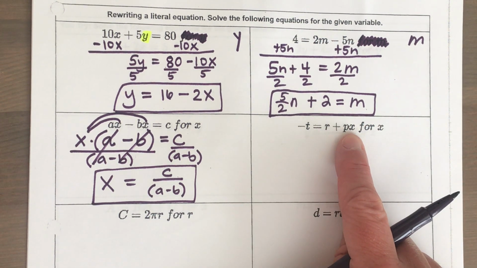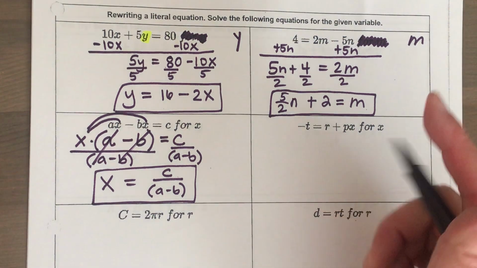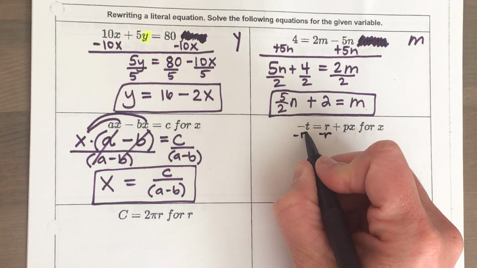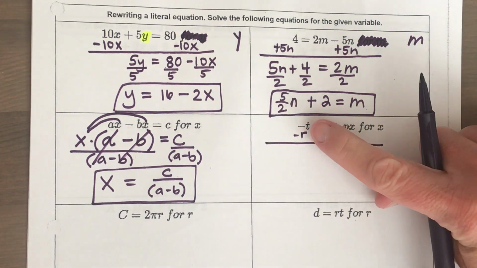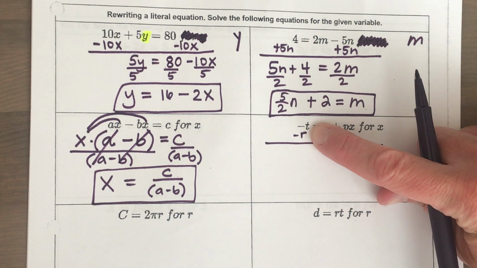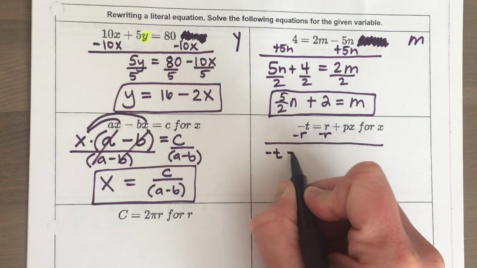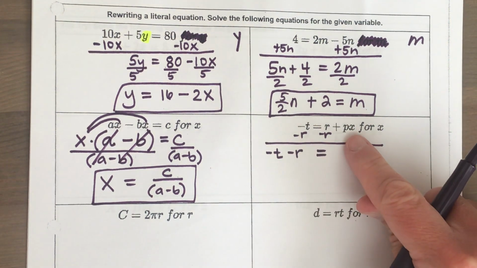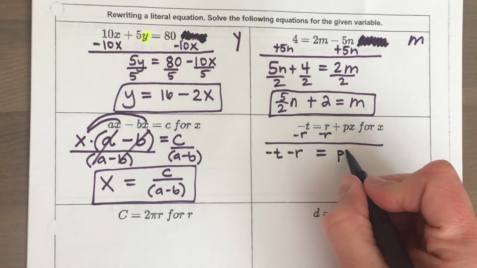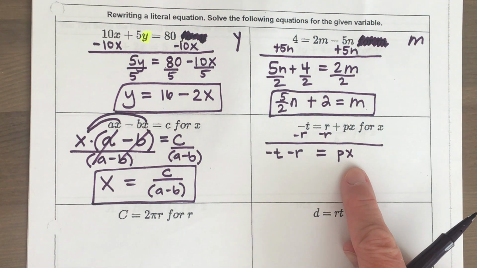So what I'm going to do is isolate the px term by subtracting the r. Now notice how the t and the r are not the same letter. So you're just going to write the negative t and subtract r, and that will equal our term px, now isolated.